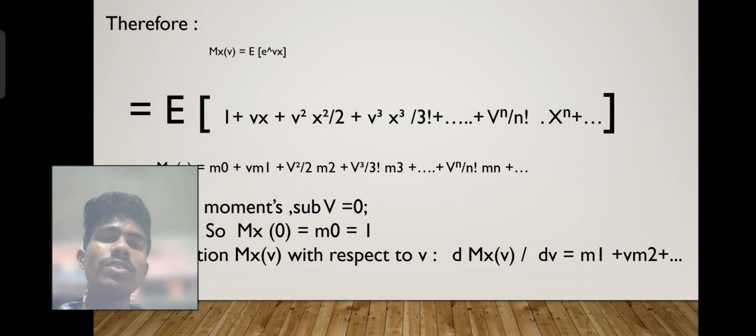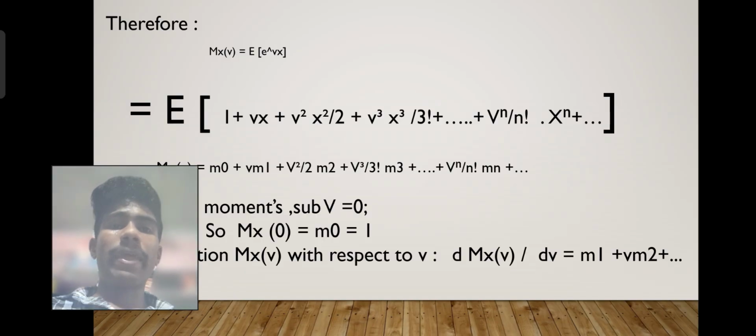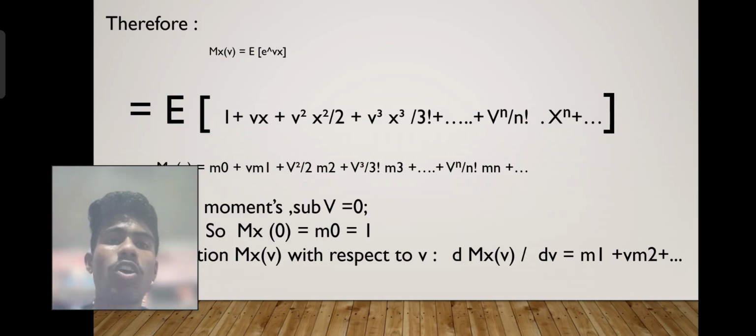Where m_0 equals E[1], which equals 1. m_1 equals E[x]. The expected value of x² is equal to m_2. The expected value of x³ is equal to m_3. The expected value of xⁿ is equal to m_n. So M_X(v) equals m_0 + v m_1 + v²/2 m_2 + v³/3! m_3 + so on plus vⁿ/n! m_n plus so on.